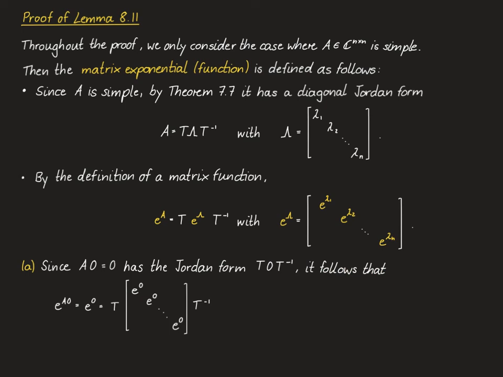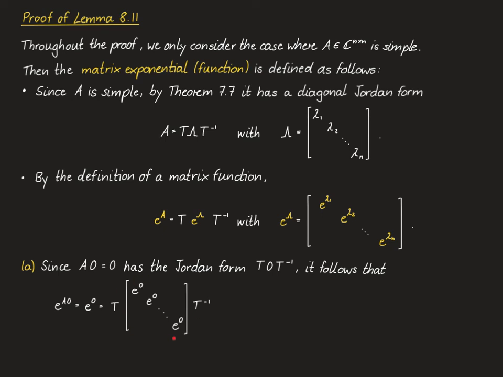This makes the proof of part A almost self-explanatory. Since A times 0 is equal to the 0 matrix, this 0 matrix has the Jordan form T times 0 matrix times T inverse, because all the eigenvalues of the 0 matrix are 0, hence we get a 0 diagonal matrix, and therefore it follows that e to the A0 is equal to e to the 0, which is equal to T times the diagonal matrix, where we have e to the 0 for all diagonal elements, times T inverse.